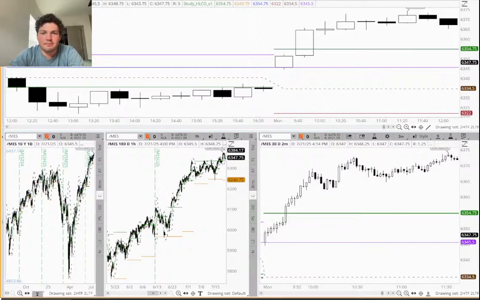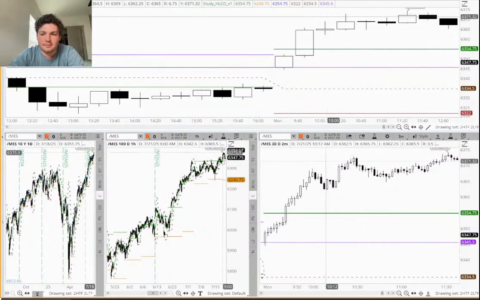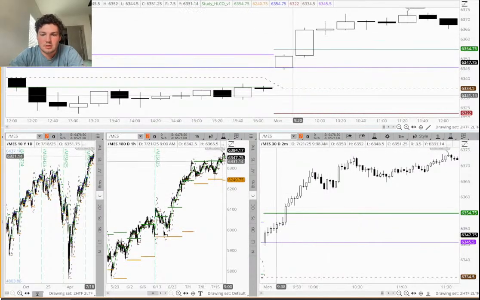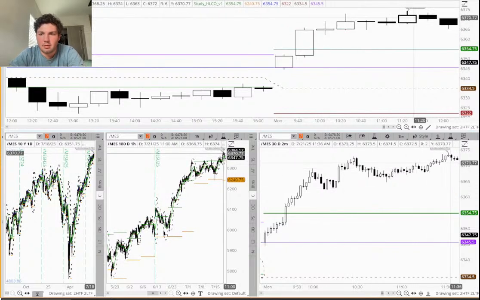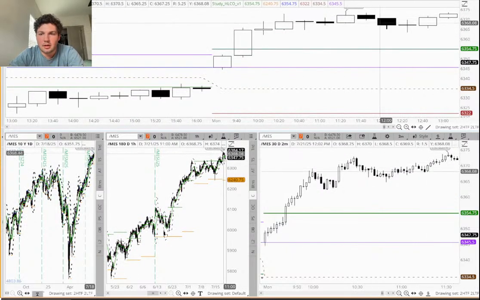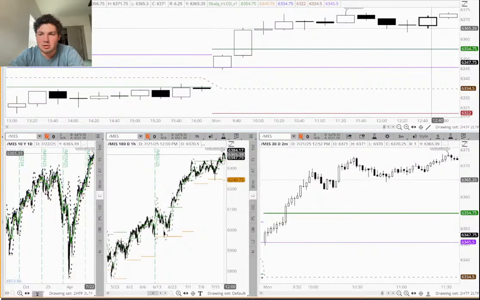And then up, down, up. So the stop loss will be right here.